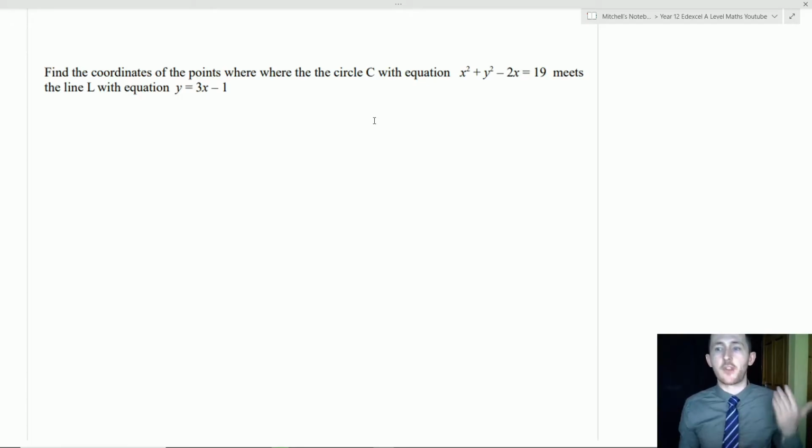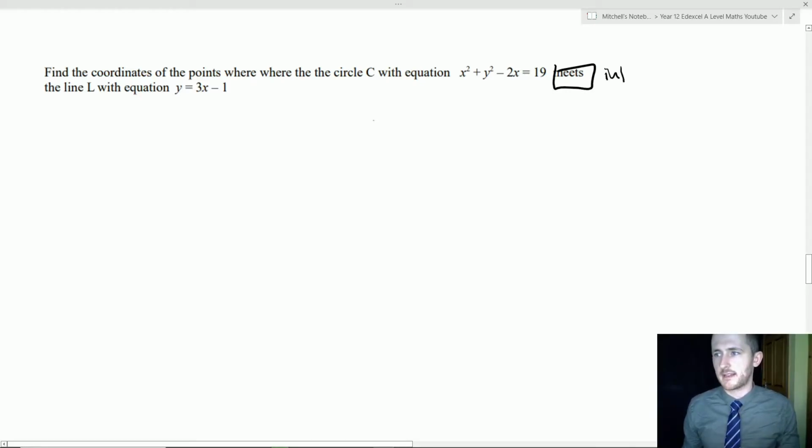So I'm going to talk through the logic of this question. Find the coordinates of the points where the circle C with equation x squared plus y squared minus 2x equals 19 meets the line L with equation y equals 3x minus 1. If it says meets or intersects, what that means is both equations are true at the same time.